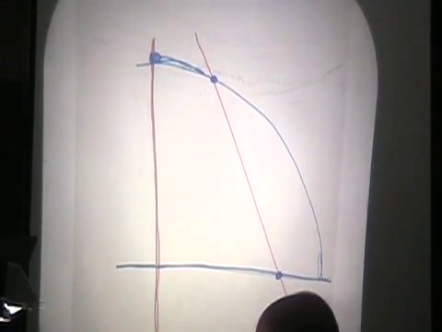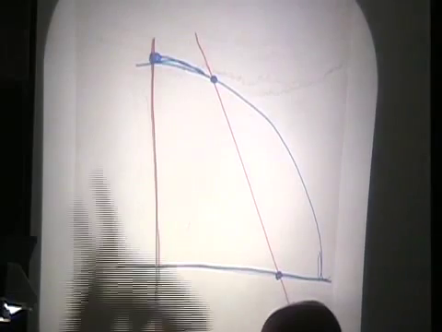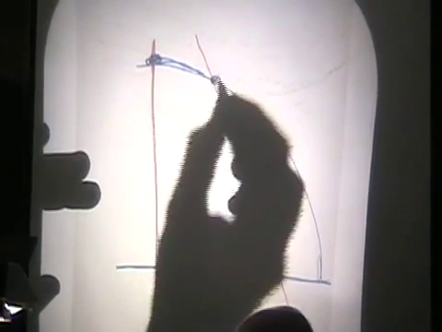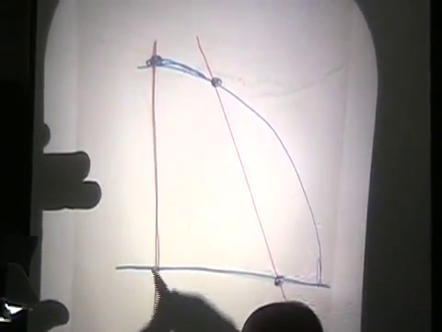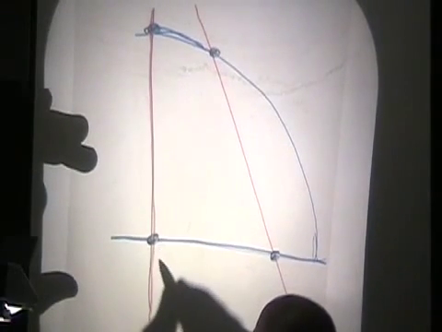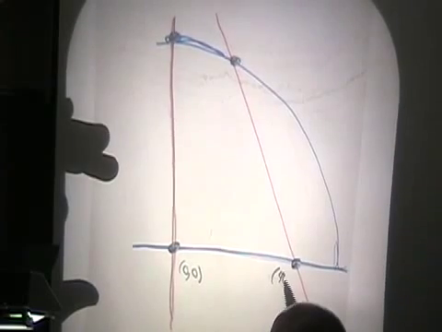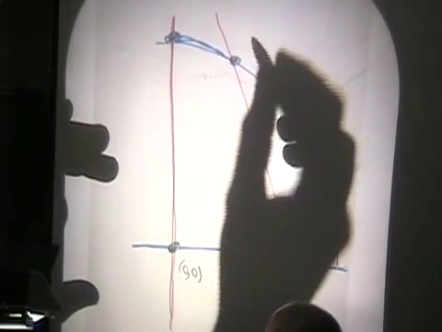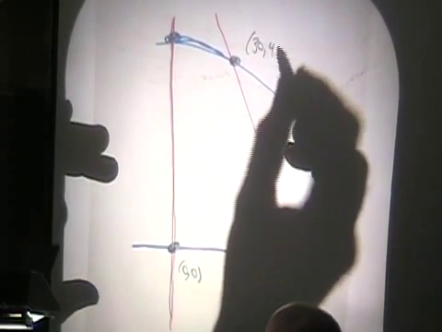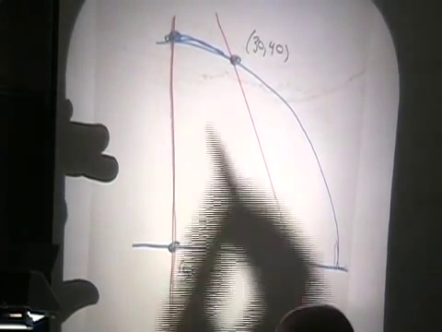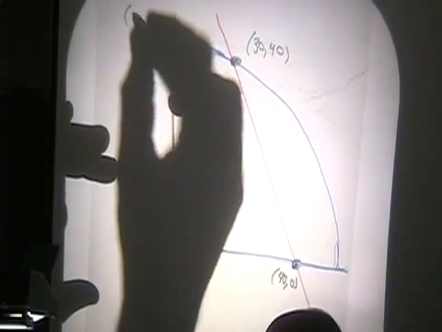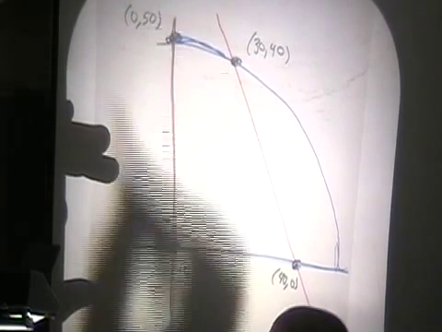But I'm marking the equilibrium points here. Let me make them in black. The origin, 0, 0. This was what, 40, 0. 30, 40. Not a real accurate picture here, but for the sake of time, we'll go with it. And 0, 50 up there.